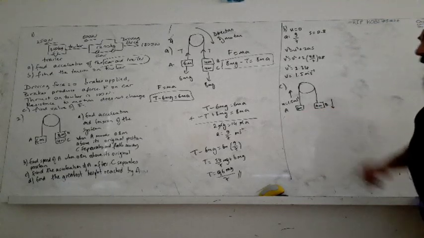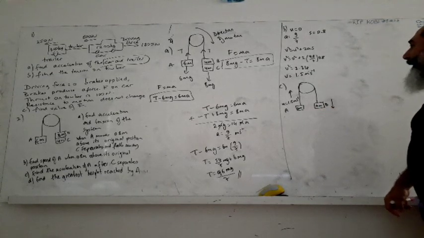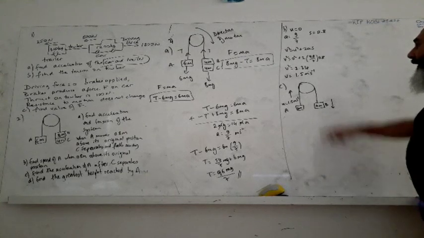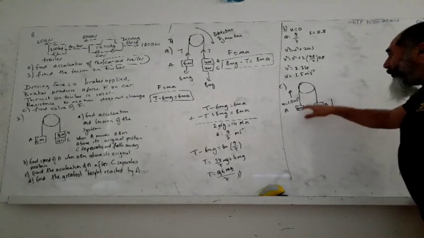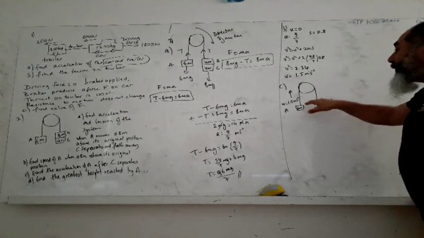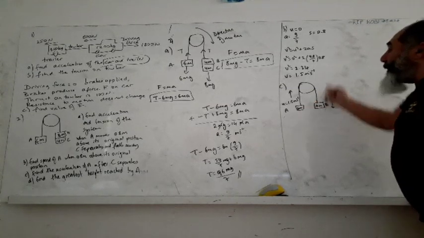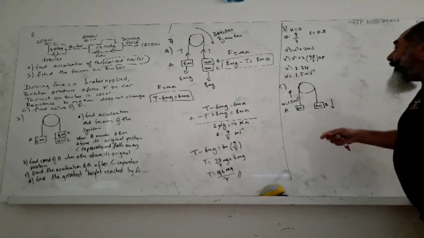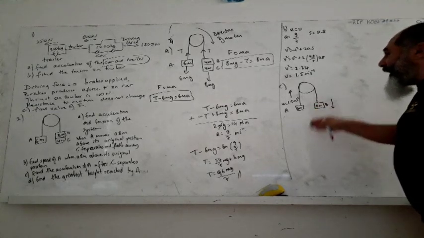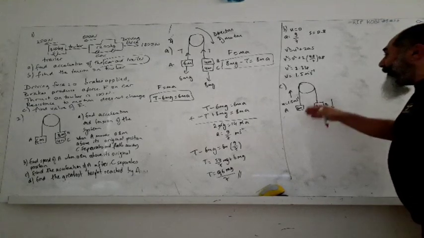So acceleration is going to change. A is going to try to pull B back. A tries to change the direction of motion, because it has a greater mass now.